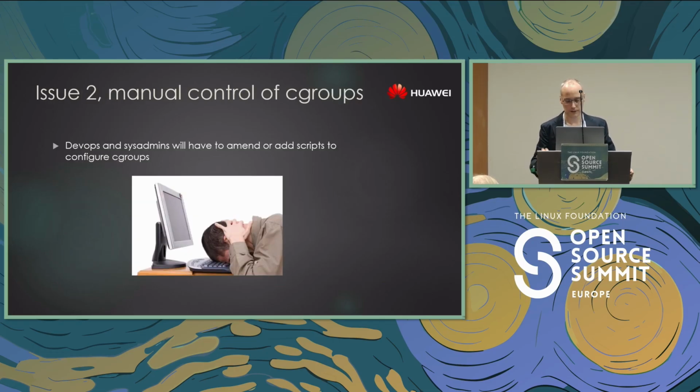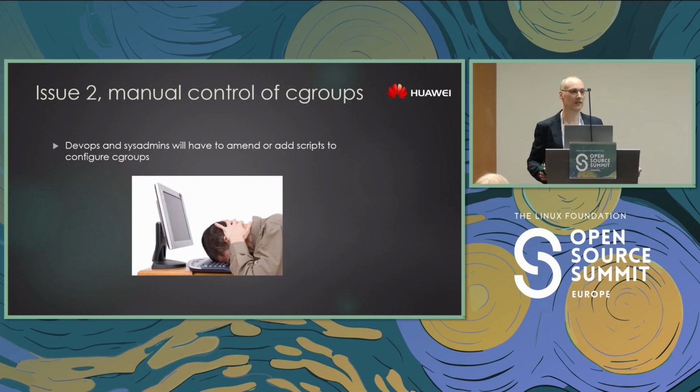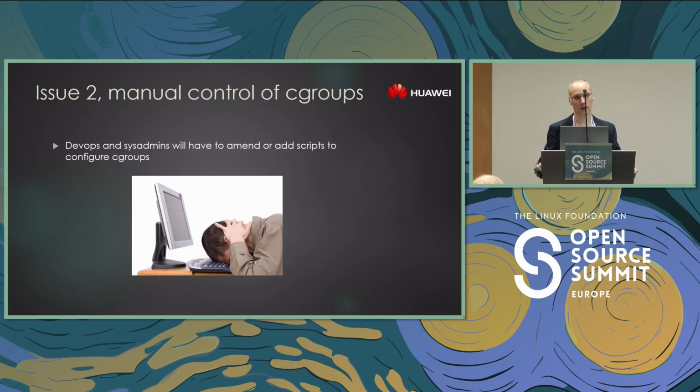Okay. The other problem is that this solution means that sysadmins and DevOps will have to change scripts, deployments, and so on and so forth. There was a concern by the community that adding new knobs to C group may actually pollute C groups.